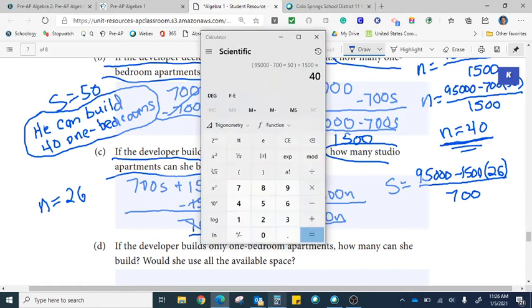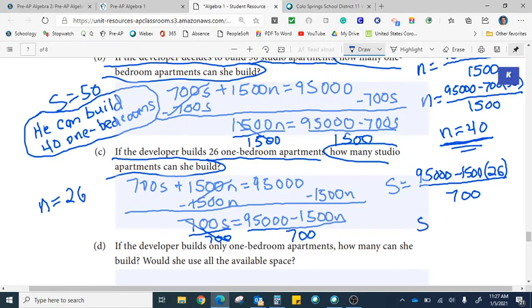Okay, go to my calculator, one step. Okay, parentheses. Or do the top, the numerator is going to be put in parentheses. 95,000 minus 1,500 times 26. Close the parentheses out, and then divide that number by 700. So S equals 80.